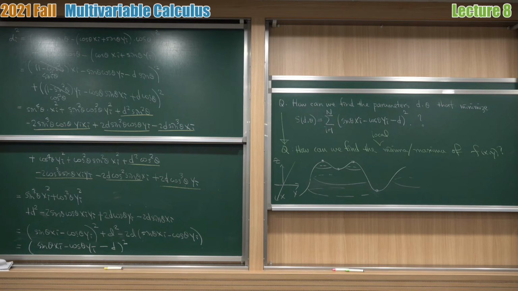Well, the intuition came from the single variable function. In the single variable function, we differentiate the function f, and if the function is continuous and differentiable, then when the slope is zero, that point is a local maximum.